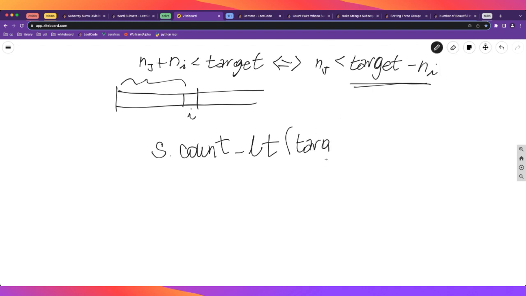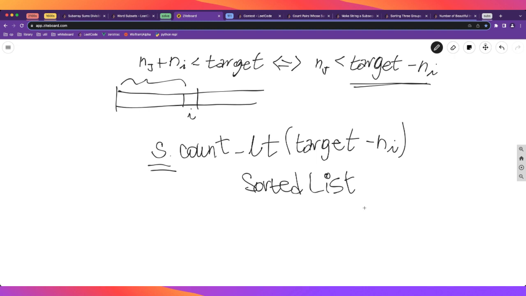Target minus n of I. So we want to keep track of this data structure. What data structure has this kind of operation? Well, in Python, it's the sorted list, which is not part of the standard library, but it's available in LeetCode.